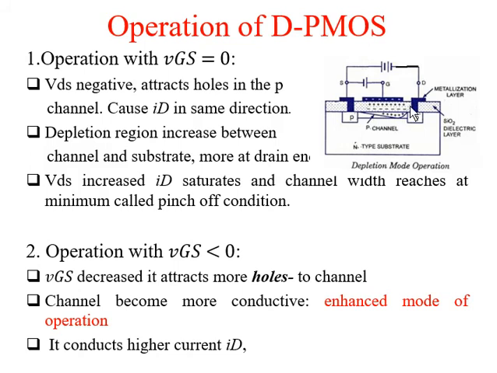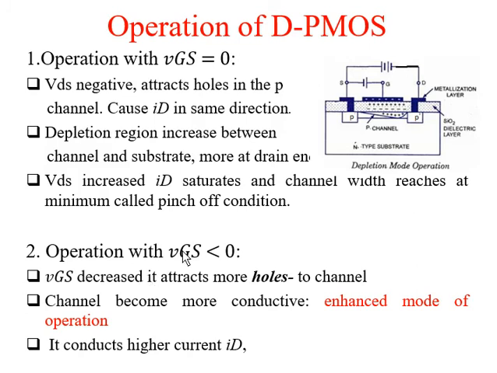If we increase VDS more and more negative, the depletion region will extend more and more into the channel, and the channel width becomes 0. That is called the pinch off condition. If we increase VDS, ID saturates and the channel width reaches a minimum, called the pinch off condition. The minimum voltage required to make ID constant is called the pinch off voltage.